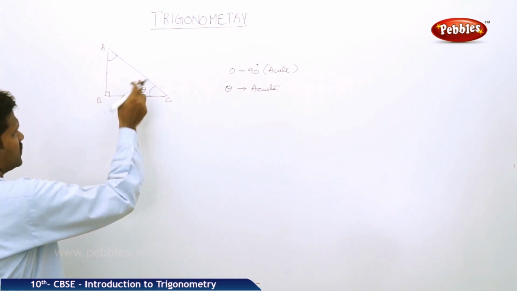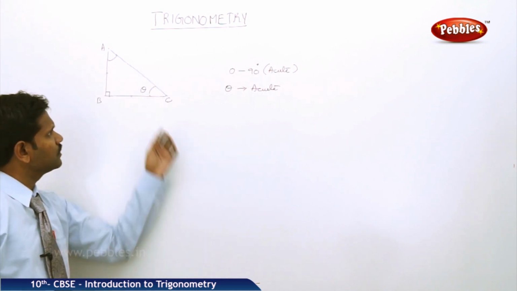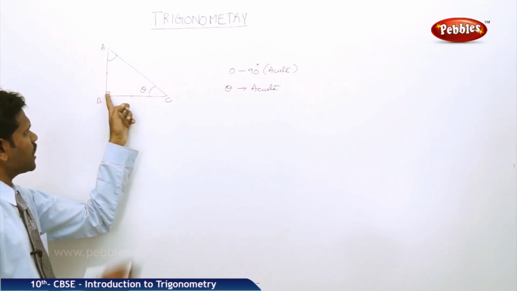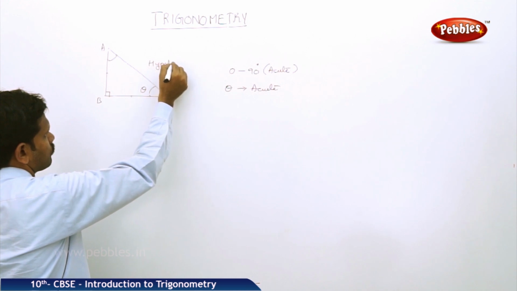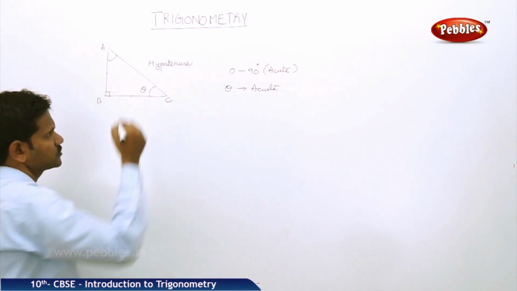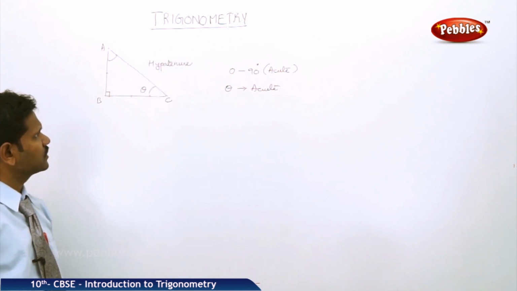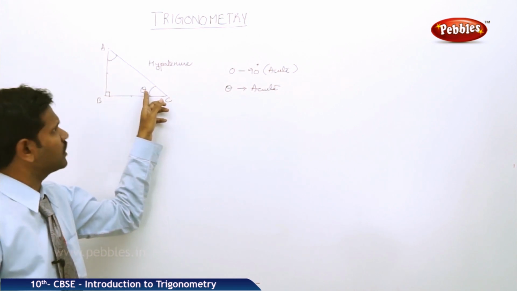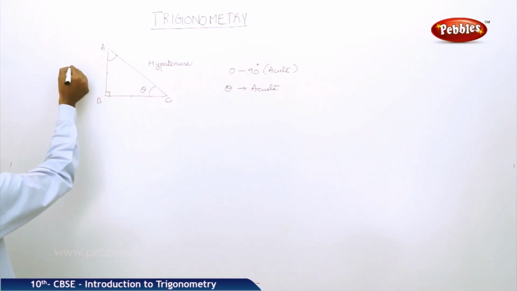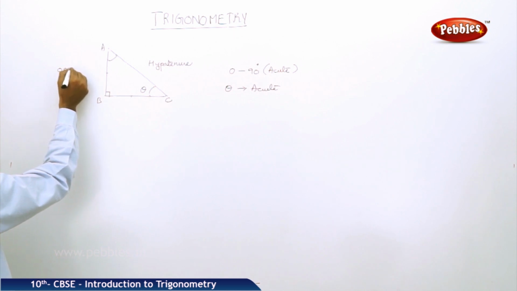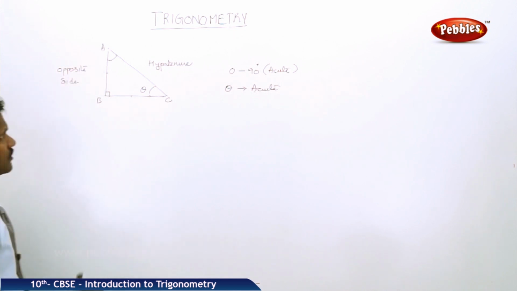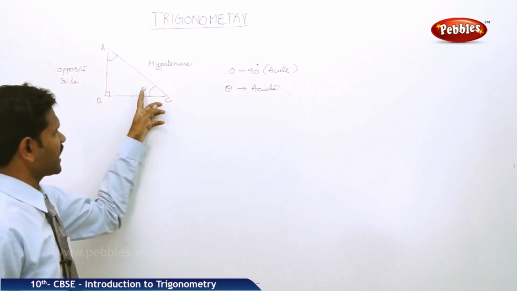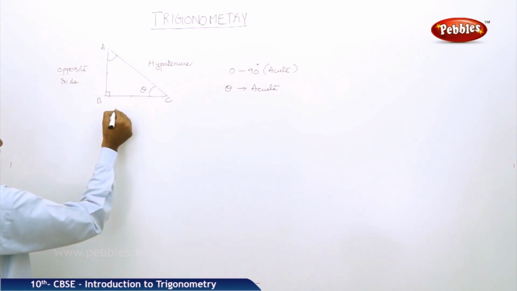Now, in this triangle, the side opposite to the right angle is called the hypotenuse. Next, the side opposite to theta, AB, is called the opposite side. Next, the side next to theta is called the adjacent side.